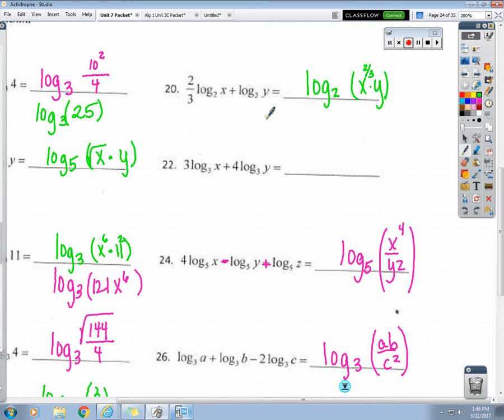Does anybody remember how you would rewrite x to the 2/3 as a radical? The cube root of x squared and then times y. So you may see it either way. Instead of raising something to the 2/3, at the beginning of this unit, we learned that it can also be written as the cube root of x squared.